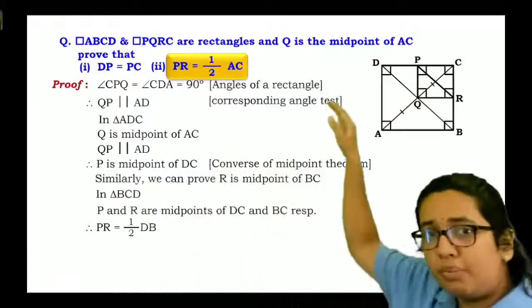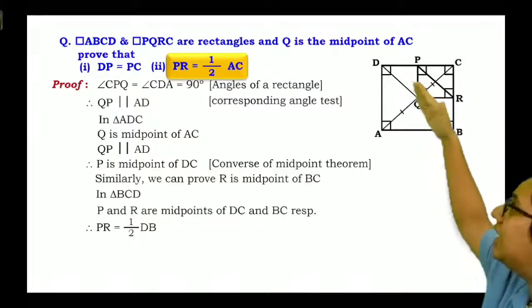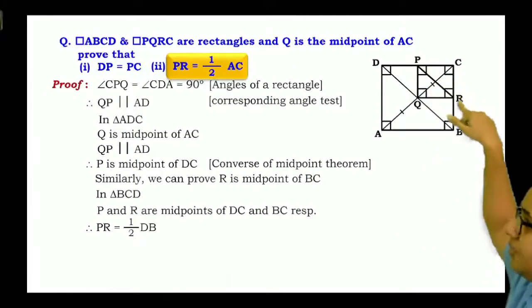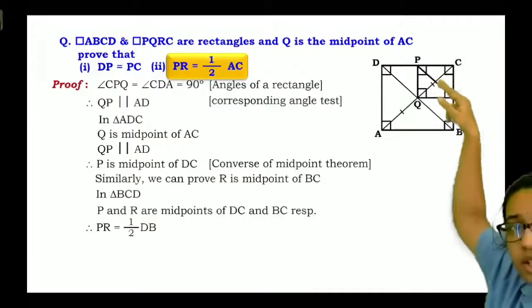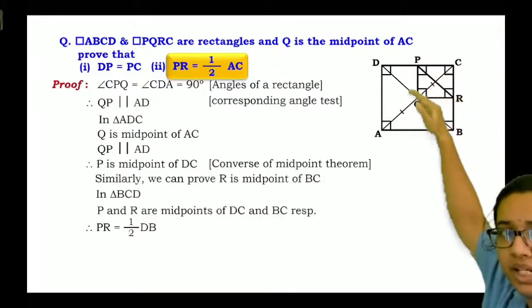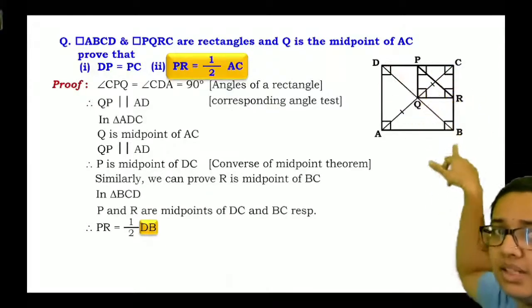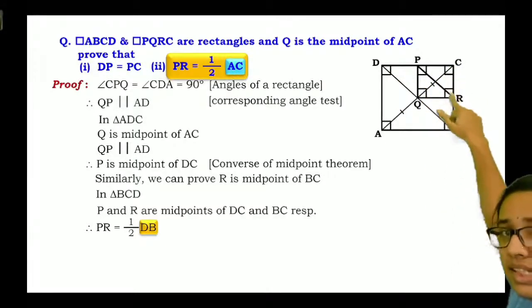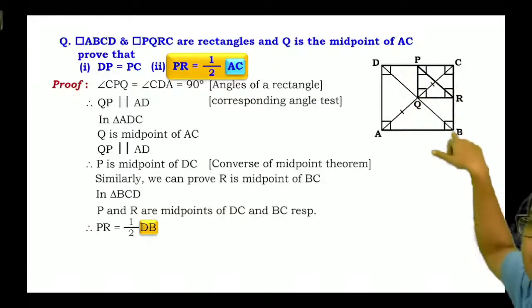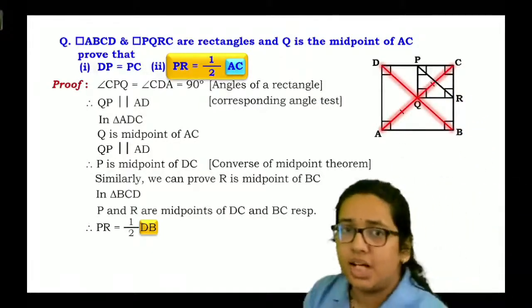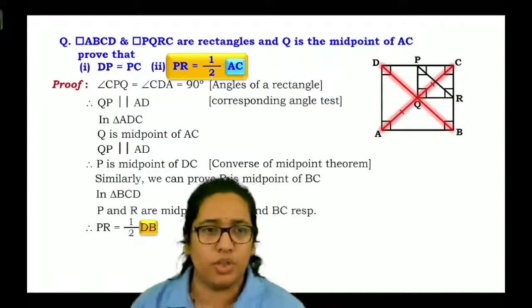So if you join the midpoints, then the line segment formed by joining the two midpoints is parallel to the third side. So we can say that PR is parallel to BD and its length will be half of it. So PR is half of BD.